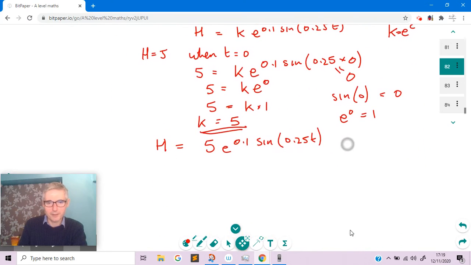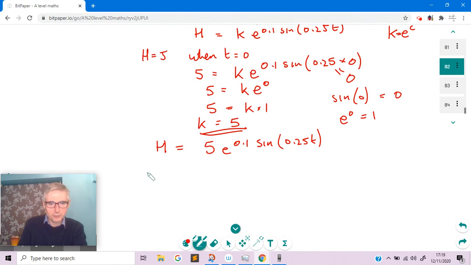So going right back down to here again. So the maximum height, well, that must be, part B this is, that must be when sine is maximum, because we've got e to a power, and so if we make the power of e as big as it can be, then that will give us the maximum height.